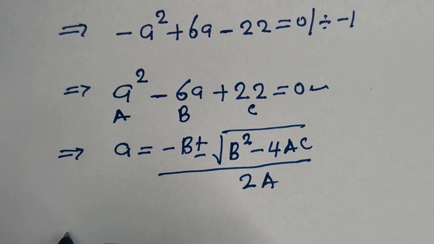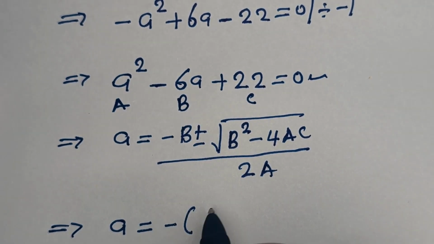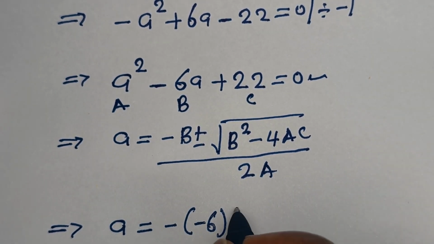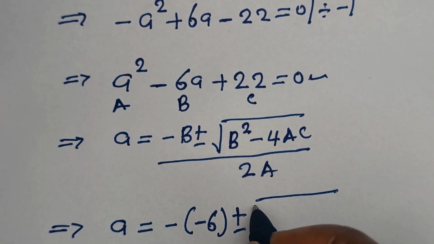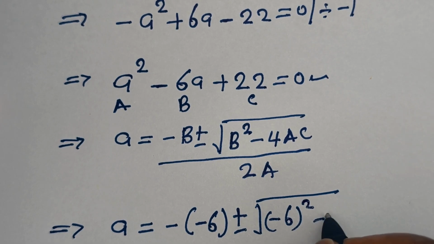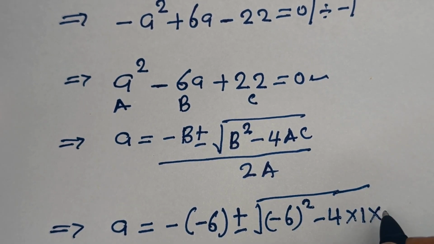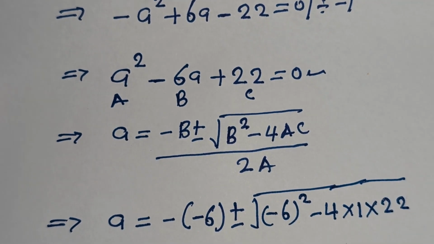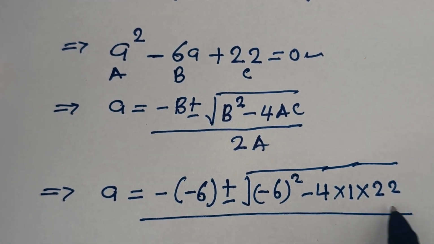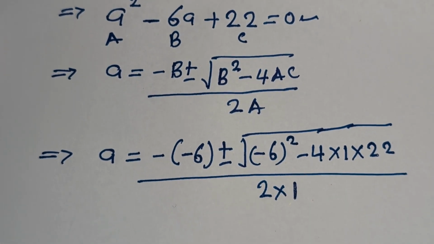So a is equal to minus (minus 6) plus or minus square root of (minus 6) square minus 4 multiplied by 1 multiplied by 22, over 2 multiplied by 1.